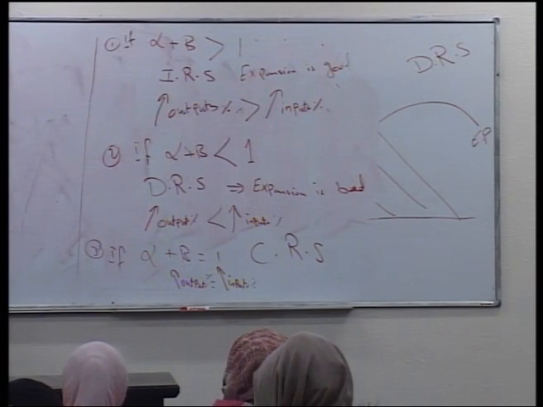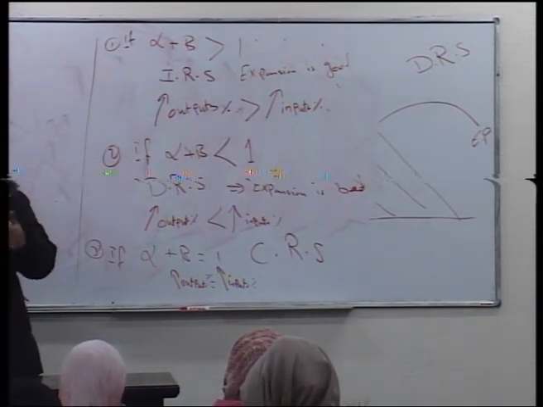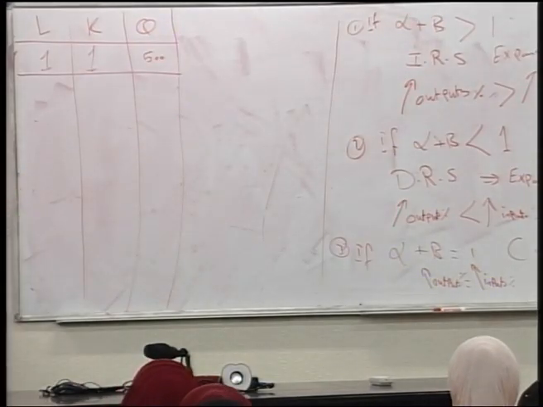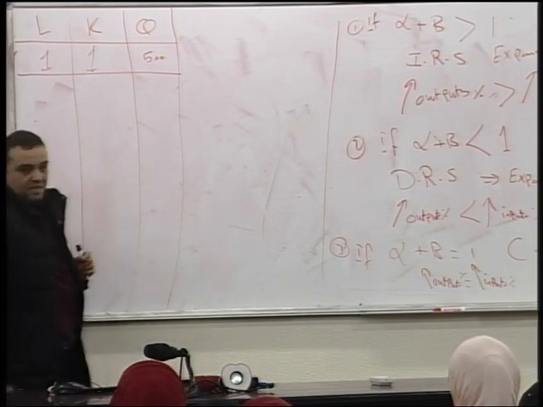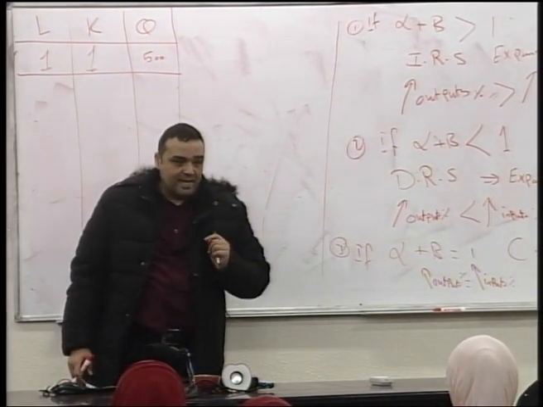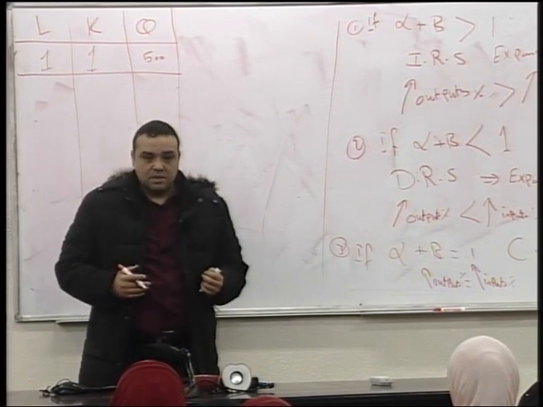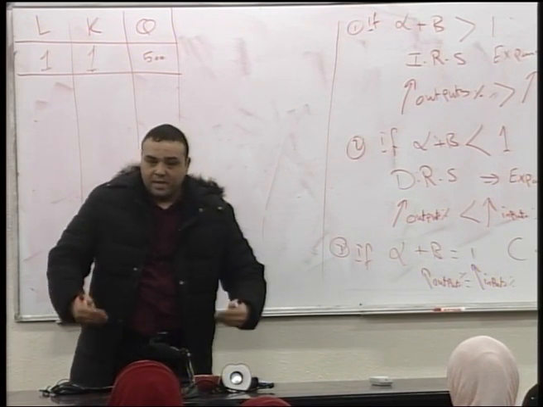Which means if we have 1 worker with 1 machine, they can produce 500 units. Let us assume that the business decided to expand. They added one more worker and one more machine.